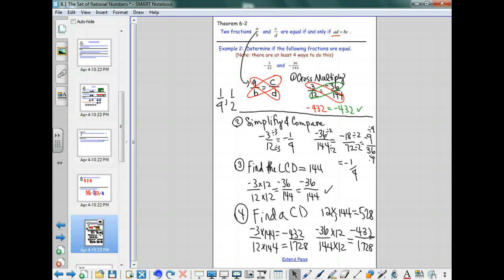All right, so 1728. Taking a look at this, you might say, why in the world do we need to know how to do so many ways? The reason you need to learn how to do so many ways is because you're not just learning this material. What are you doing? Teaching it. And a lot of times you don't have a lot of control over what you teach.